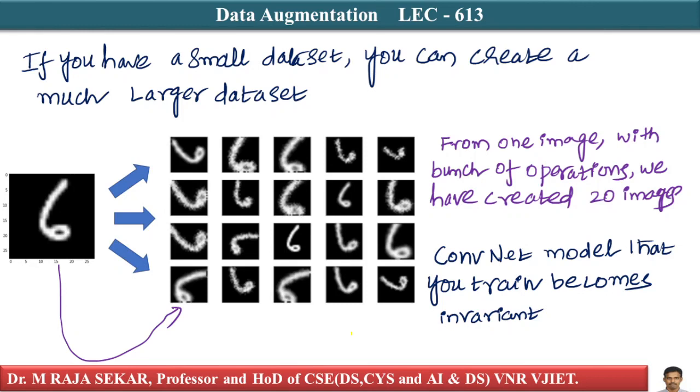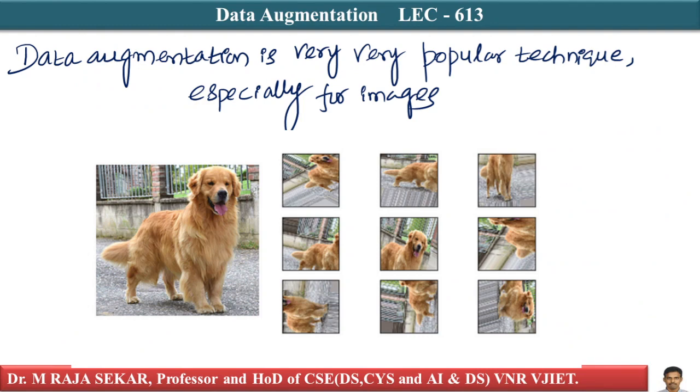It is a very popular technique, especially for image data sets. We don't do it as much in multi-layer perceptrons; we do a lot of this in convolutional neural networks.